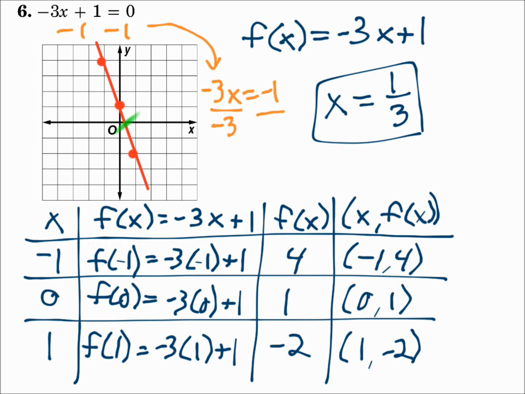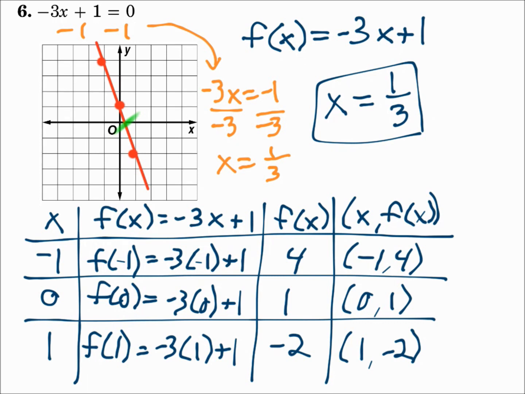And when you divide both sides by negative 3, the negative 3's cancel on the left, leaving x, and negative 1 divided by negative 3 is a positive 1/3. So when you do these, if it's between two numbers, you can solve the original equation and get that exact value if you want.